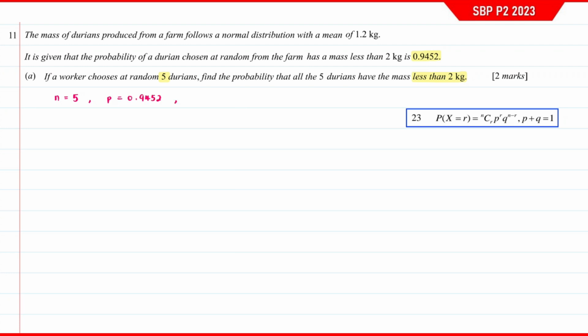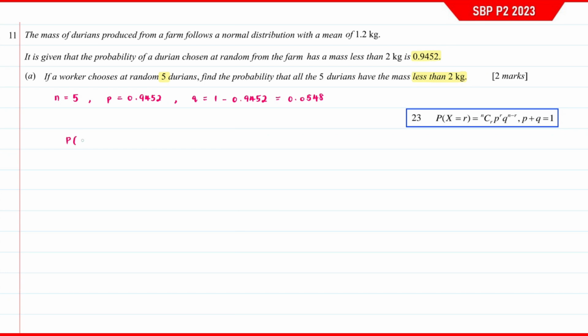And the failure will be Q equal to 1 minus 0.9452, which is 0.0548.